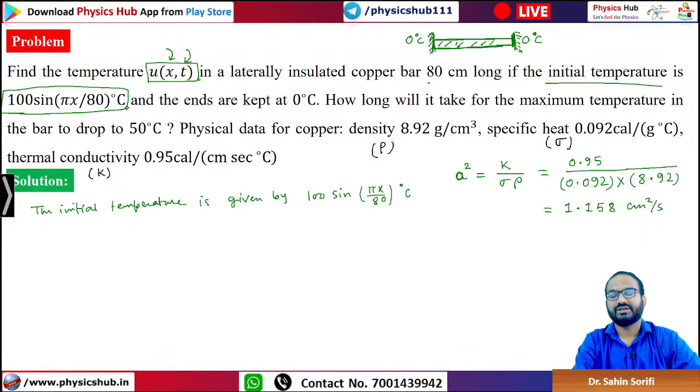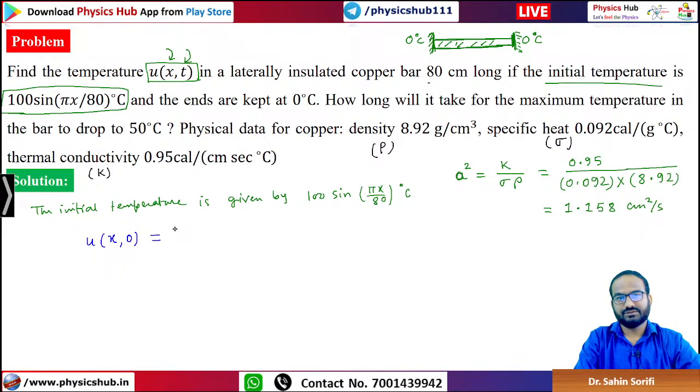It is varying sinusoidally throughout the bar. The initial temperature is 100 sin pi x by 80. It means u, the temperature at any x at time 0. Do you understand this or not? So this is equal to the sum over n equals 1 to infinity of bn sin n pi x by 80.